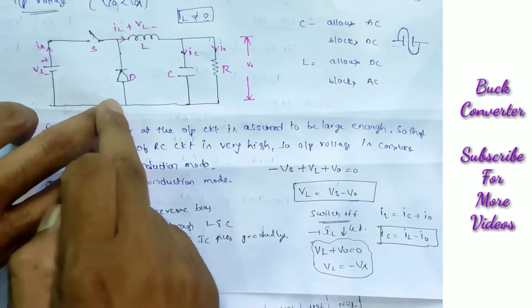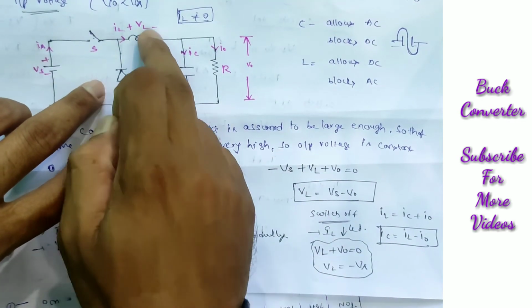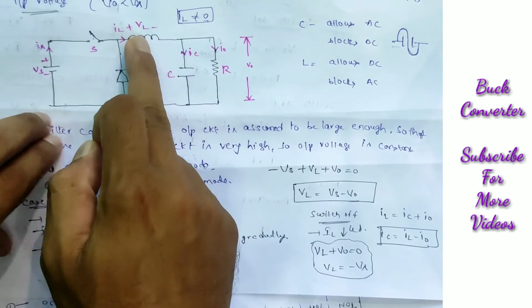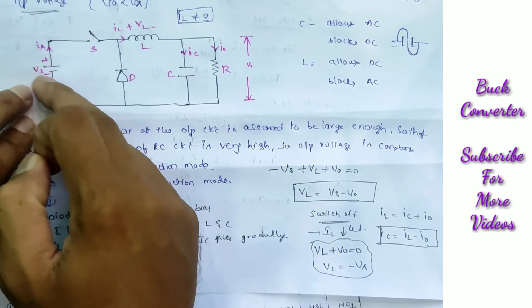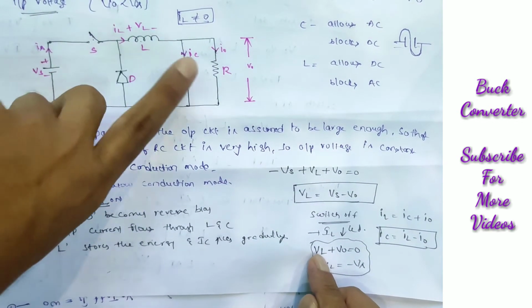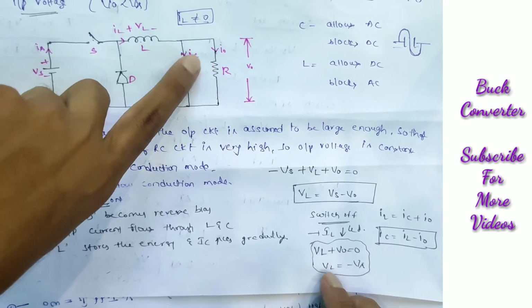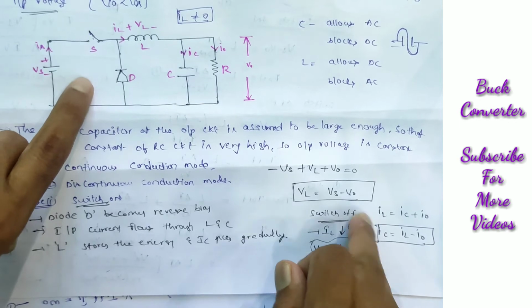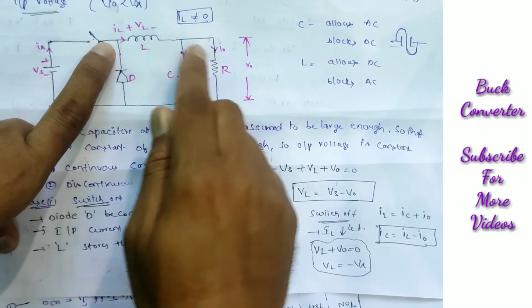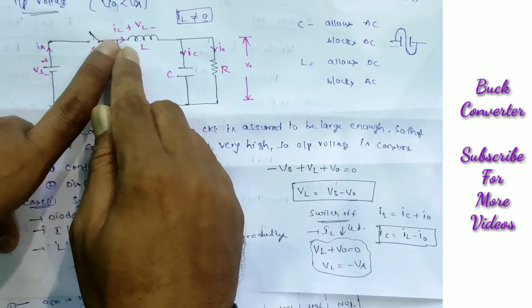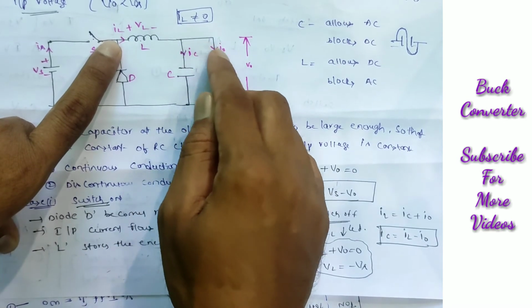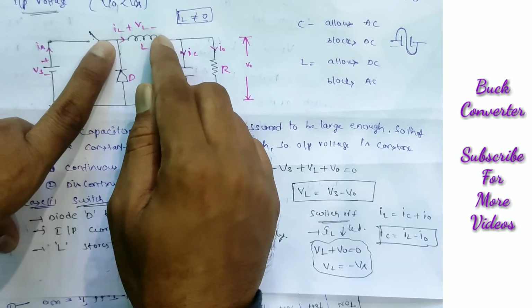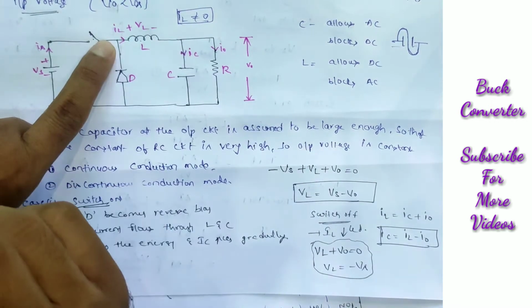In this case, the inductor voltage equation is VL plus V0 equals 0, so VL equals minus V0. The current flowing through the circuit when the switch is open is IL equals IC plus I0, that is incoming currents equal outgoing currents.